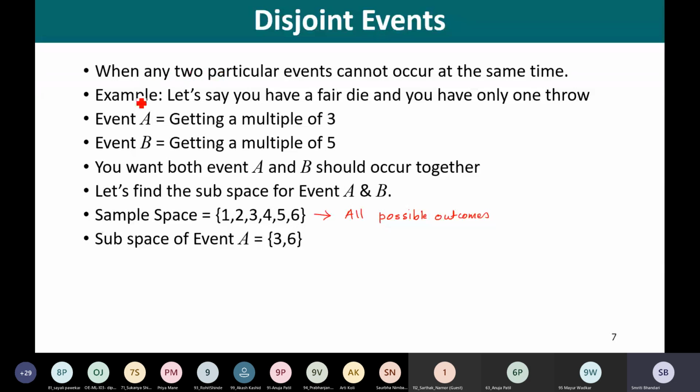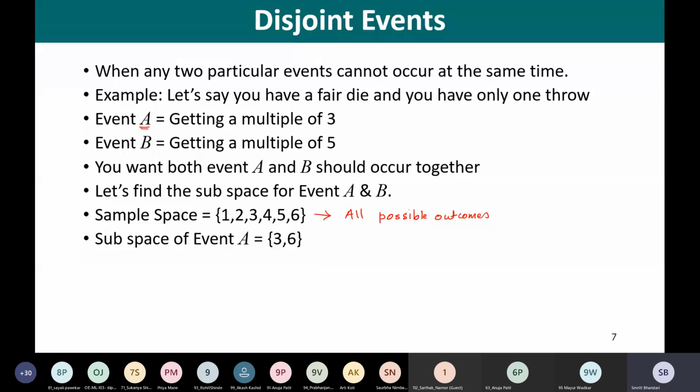Now, whenever we are talking about event A, that means getting a multiple of 3. The subspace of event A would be 3 or 6, because out of all those numbers in our sample space, the multiples of 3 are 3 and 6.